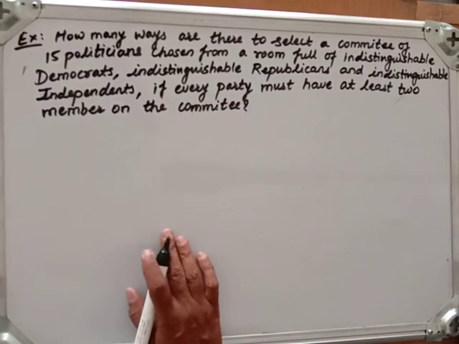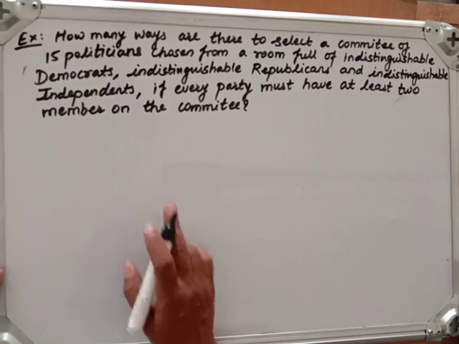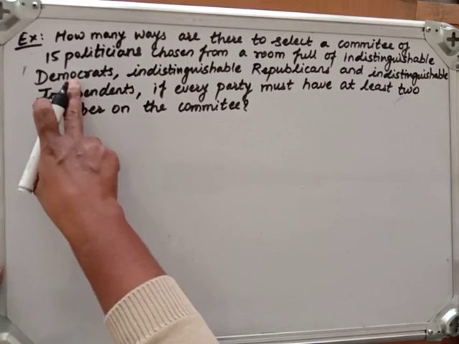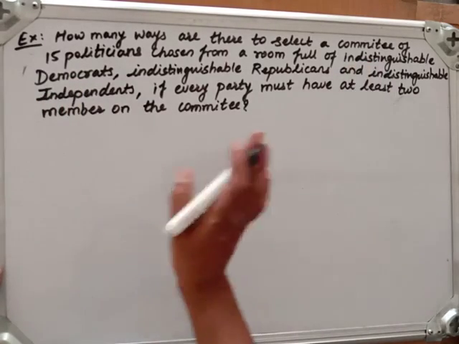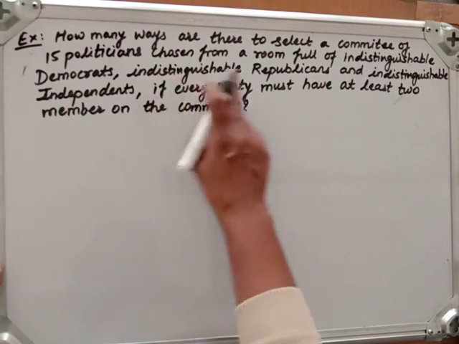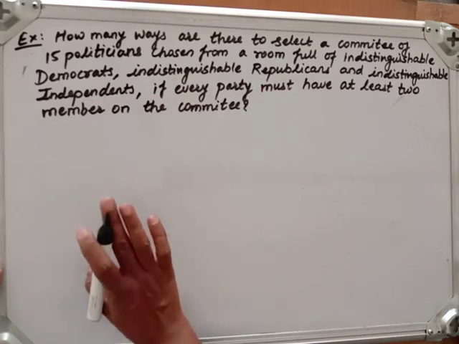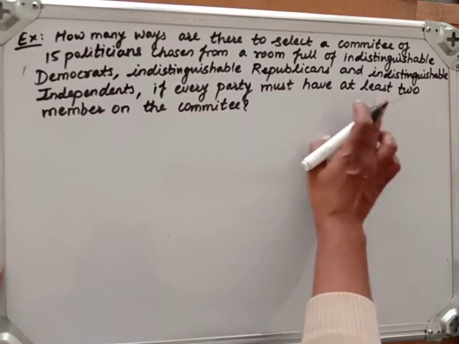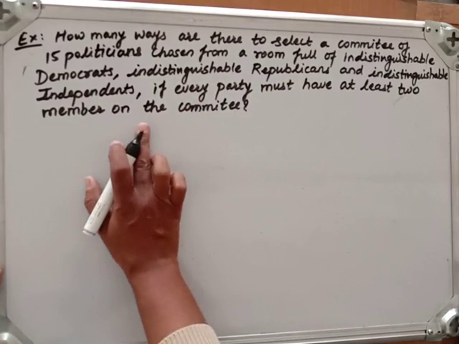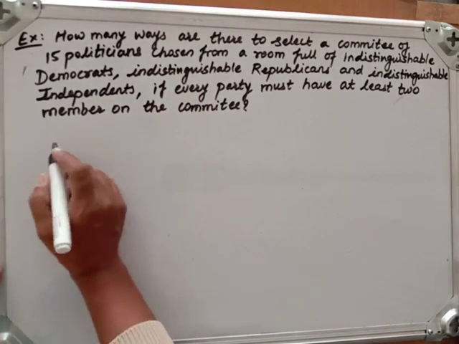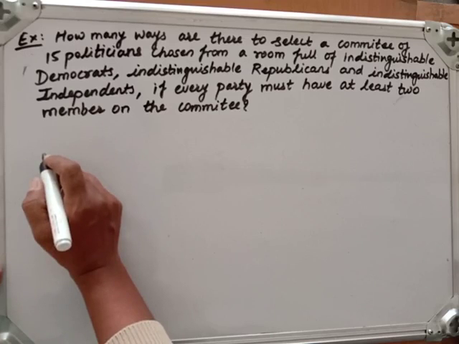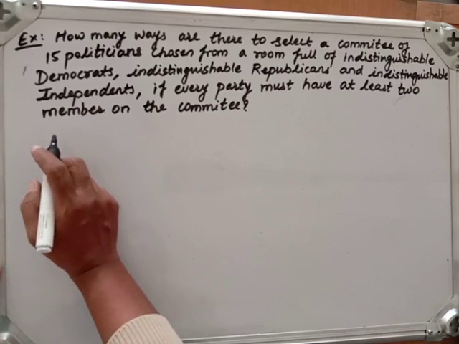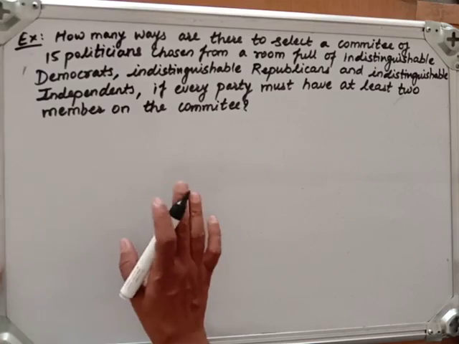Now here we have to select a committee of 15 politicians from the room, where some Democrats are there but they are indistinguishable, they cannot be distinguished. Again some Republicans and some independents are there, and every party must have at least 2 members on the committee. So first of all, we include 2 members of each party on the committee.